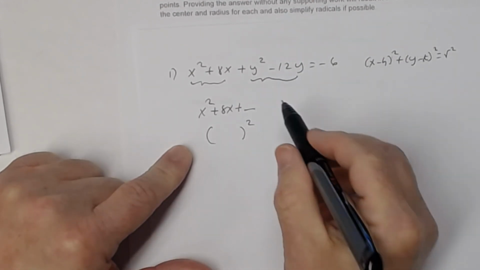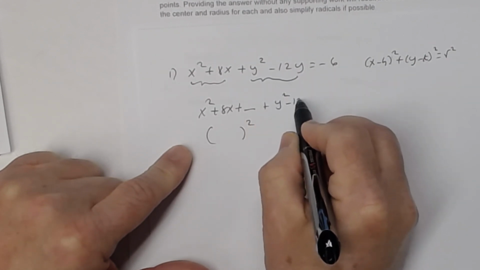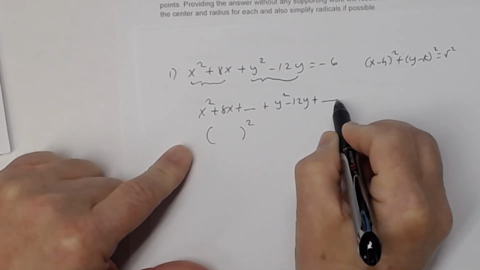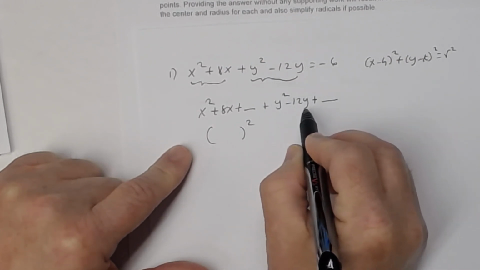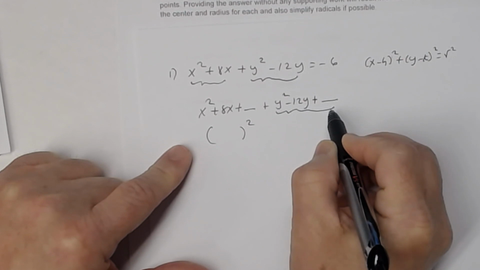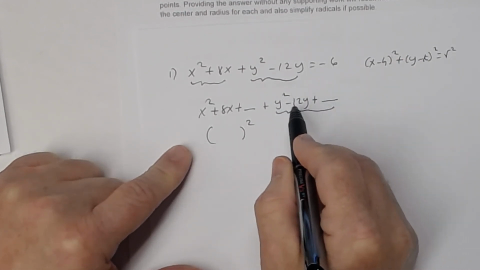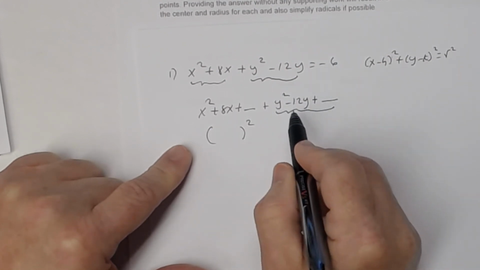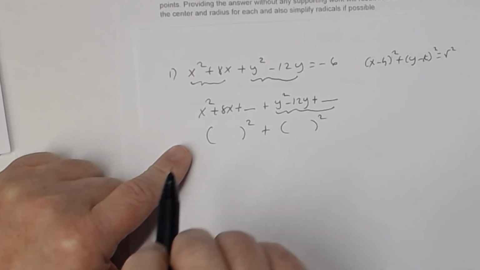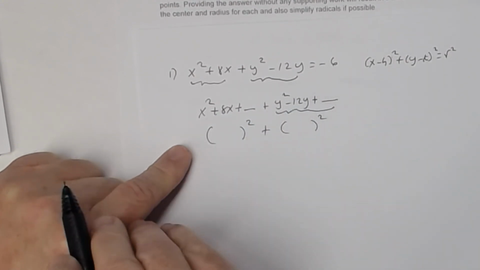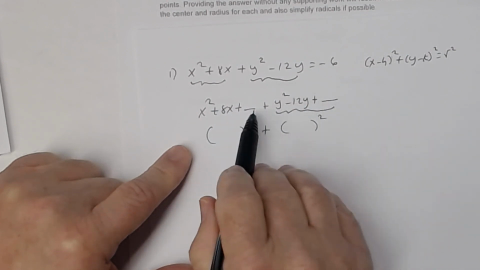And then the same thing here, plus y squared minus 12y. What number can I add here so that when I factor that trinomial, it should be a perfect square trinomial, so that I'll get a binomial squared. So both of these are going to be perfect square trinomials, but I've got to figure out what number to put here in each case.